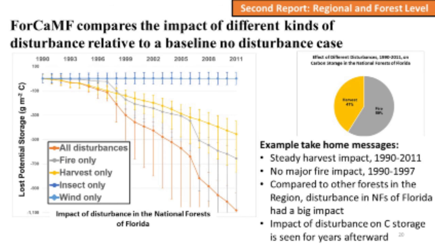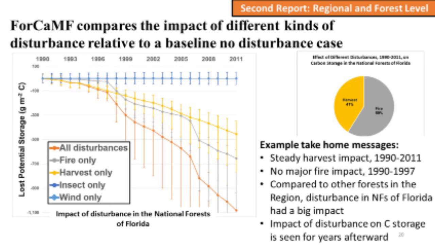And what I want to say is that in FORCAMP, the impact of a fire or any individual event is felt far beyond, in terms of time, far after the event actually happens, because what's happening under the hood of FORCAMP is that trees are being killed, but the carbon in those trees is not immediately emitted.